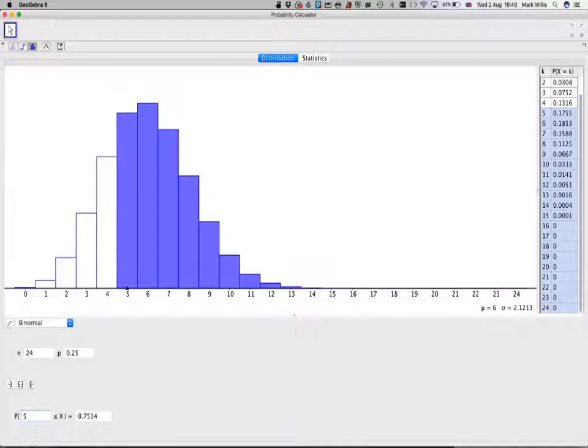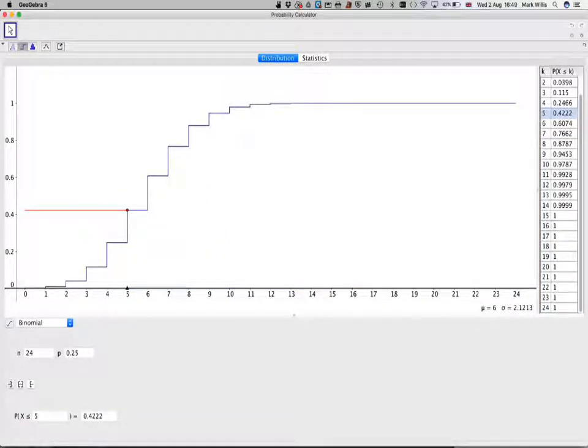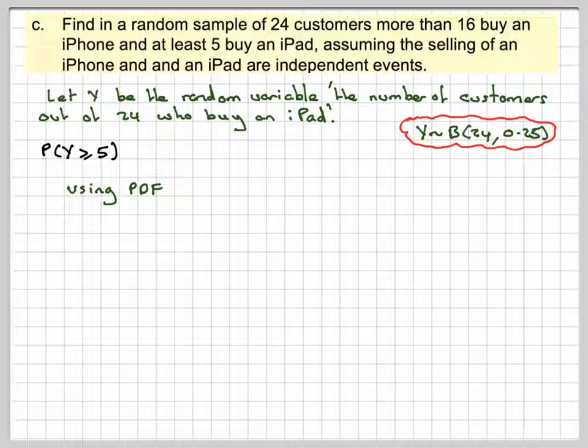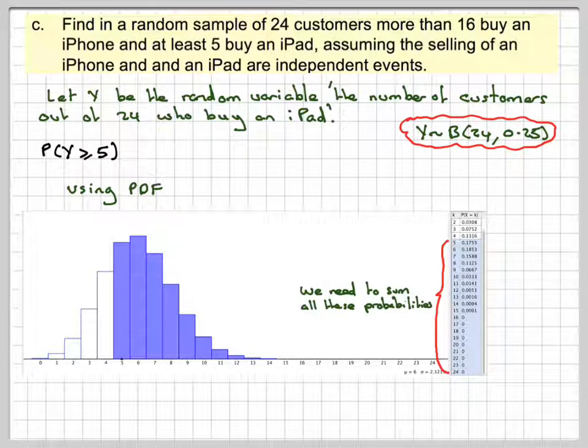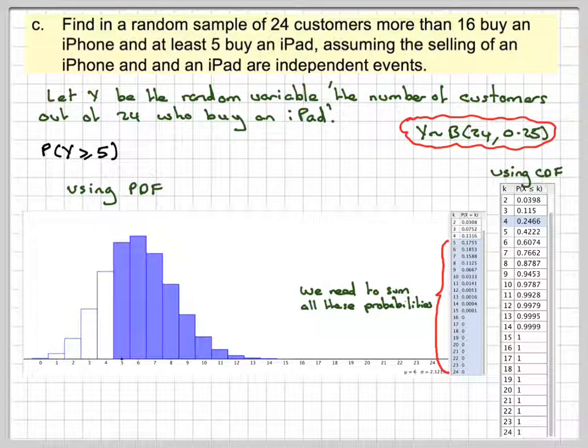Or if we're using the cumulative distribution function, then we'll need to put in 4 and do 1 minus that number. Easier would be to use the CDF and do 1 minus that value from the table.